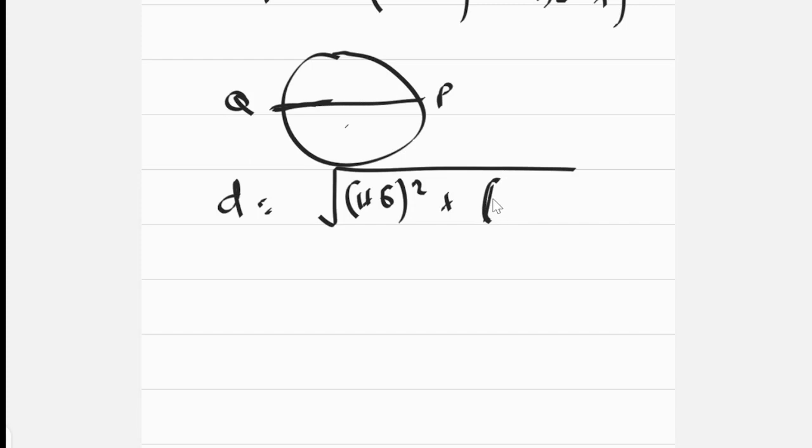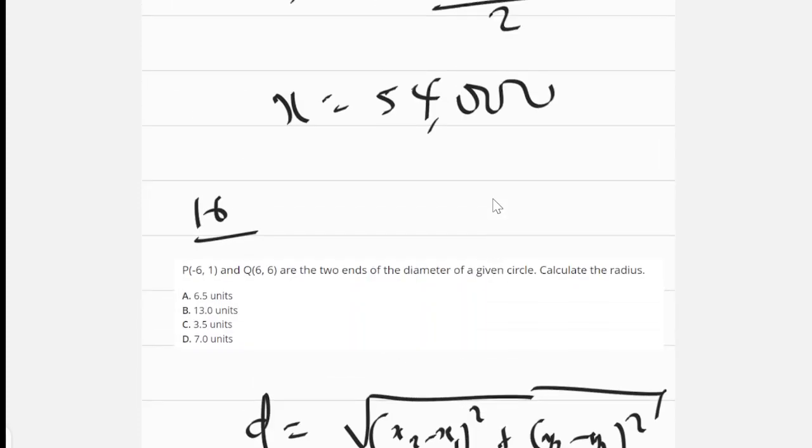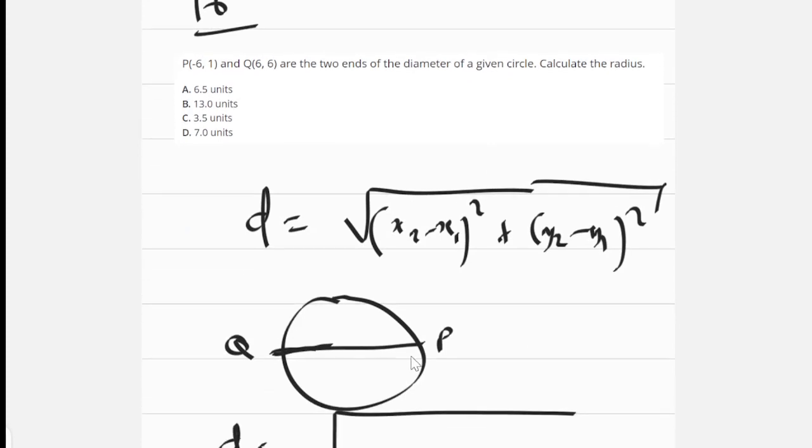No, I made a mistake, sorry. That is x2 minus x1, that is 6 minus minus 6. These are x1, y1, x2, y2. So that is 6 minus minus 6, that is 6 plus 6 squared, then plus y2, that is 6 minus 1.